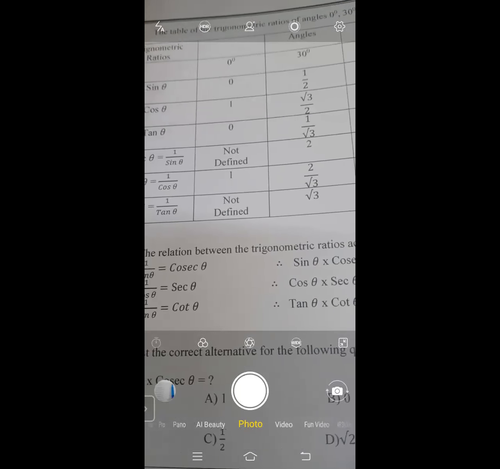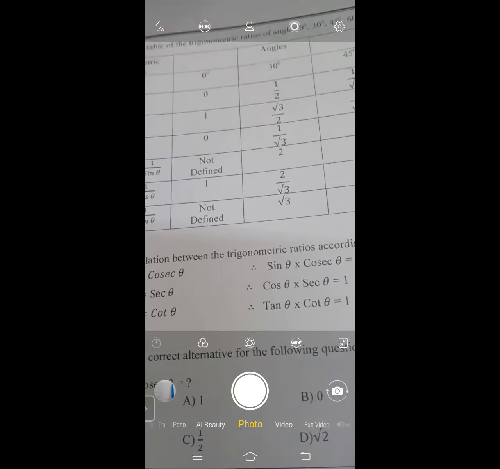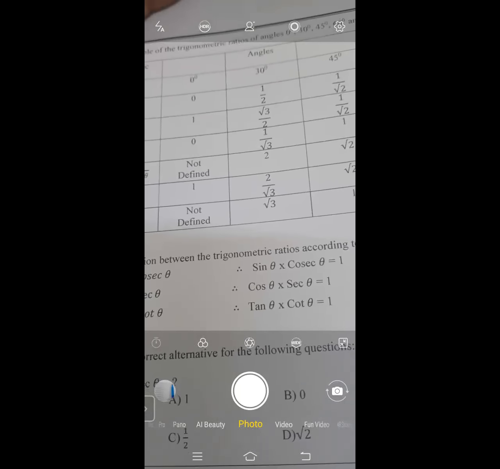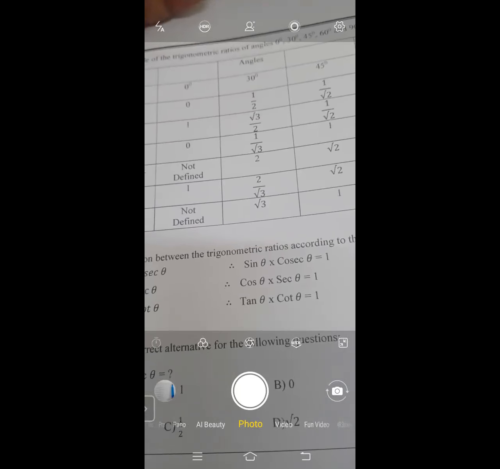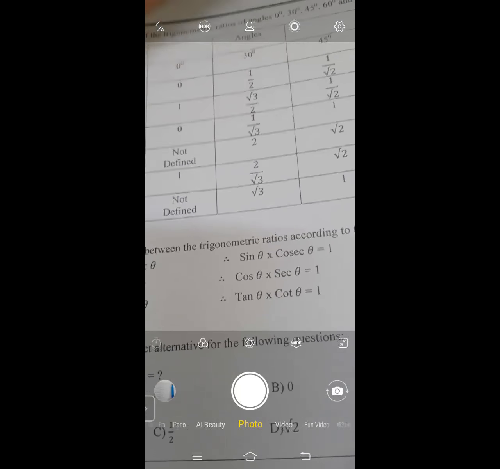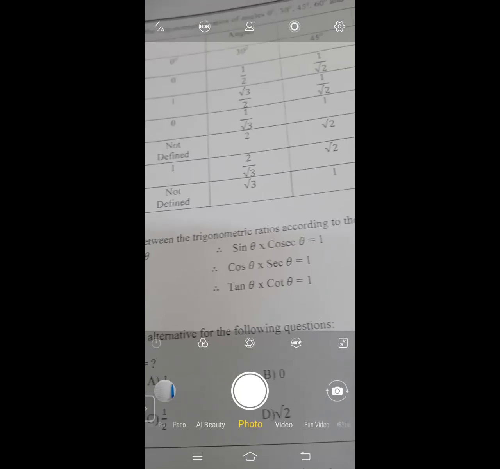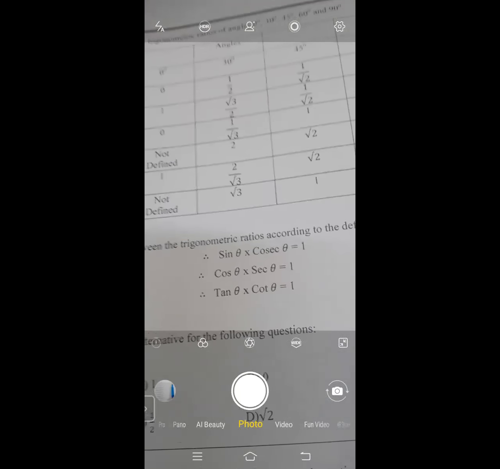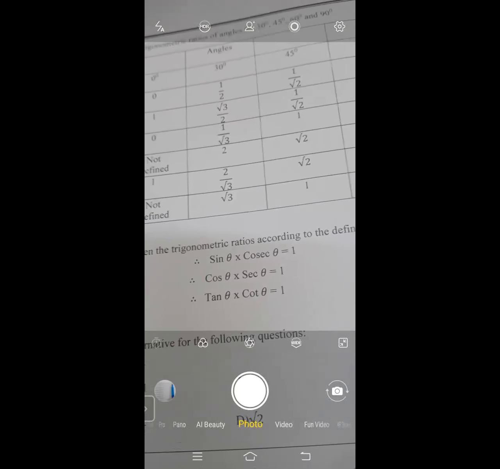Cosec theta is 1 upon sin theta. These things will come in your mind slowly. In your fourth writing, with some ease, you will be able to write all the values. And if you revise this chapter for 2 to 3 days, you will feel that this chapter is easy and marks gaining.